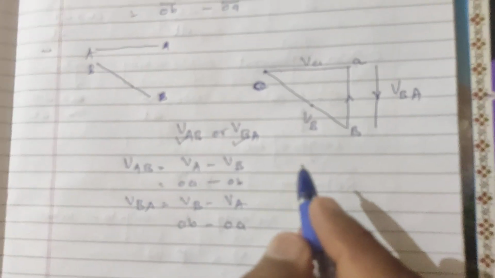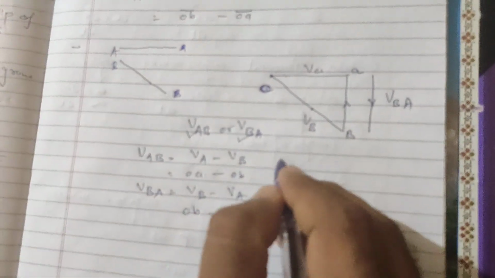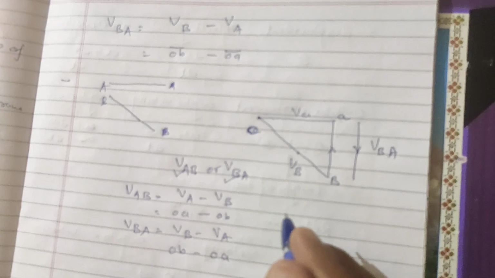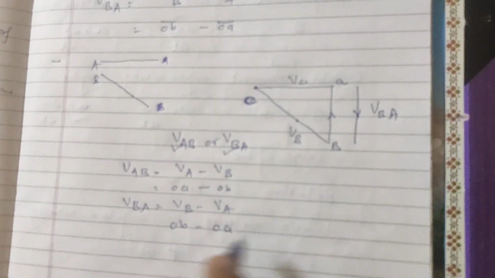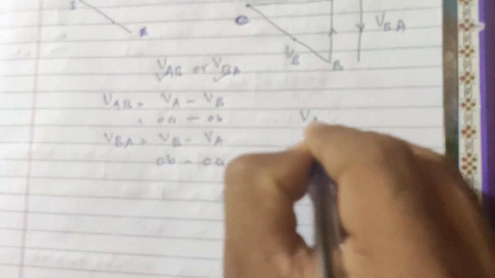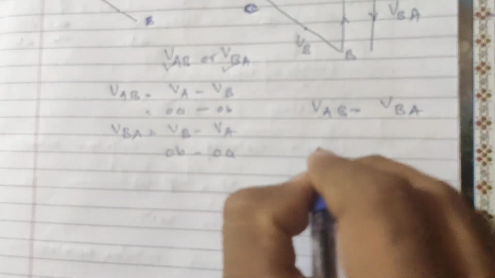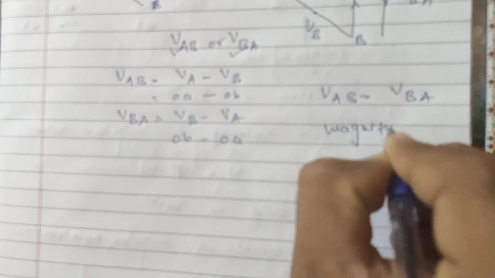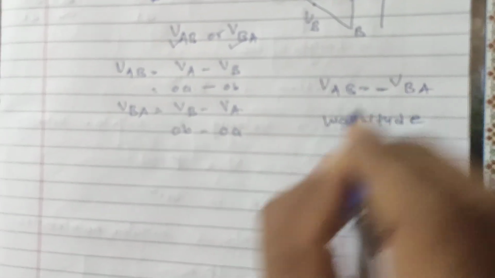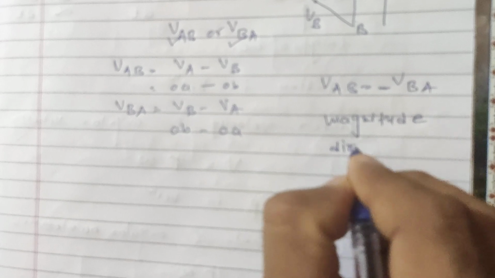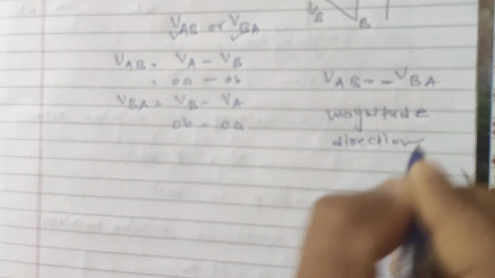So from these two equations we can say that VAB and VBA are the same in magnitude but opposite in nature, so the direction is opposite. Clear?